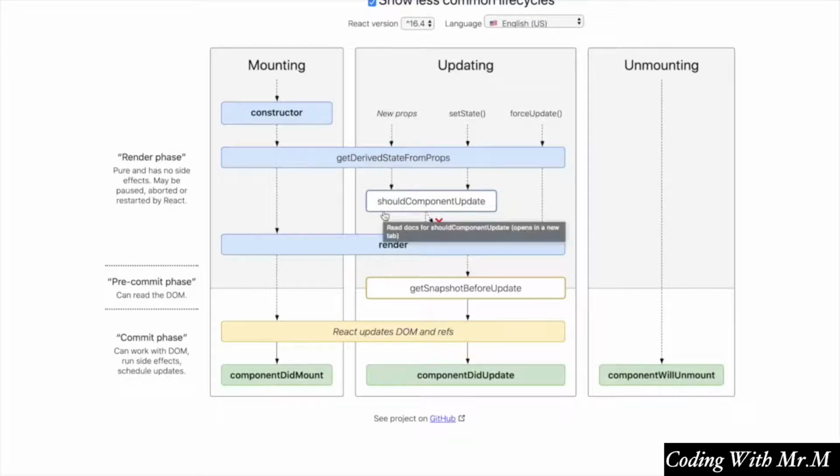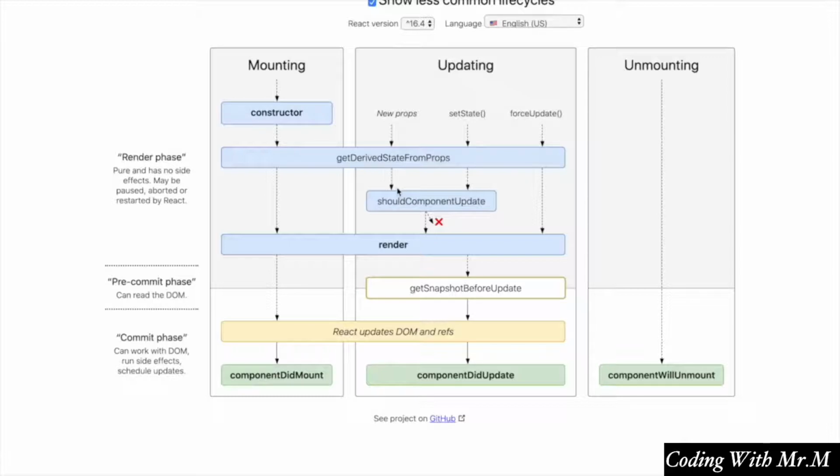The shouldComponentUpdate is to let React know whether a component's output is not affected by the current change in state or props. Of course, the default behavior is to re-render on every state change. This method is invoked before rendering when new props or states are being received, and the default value should be true.